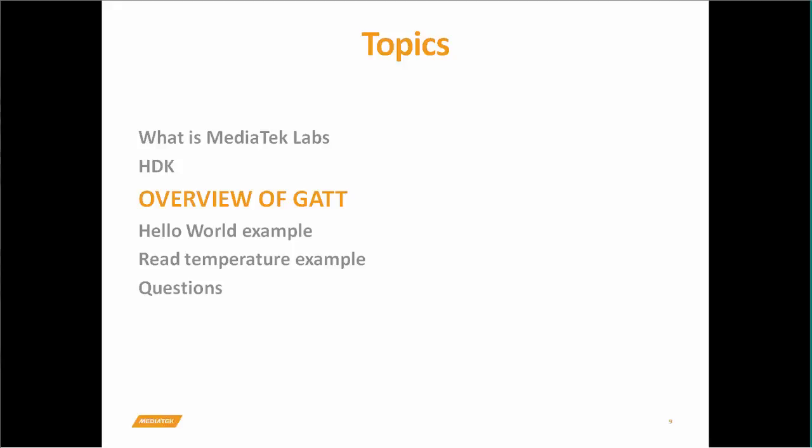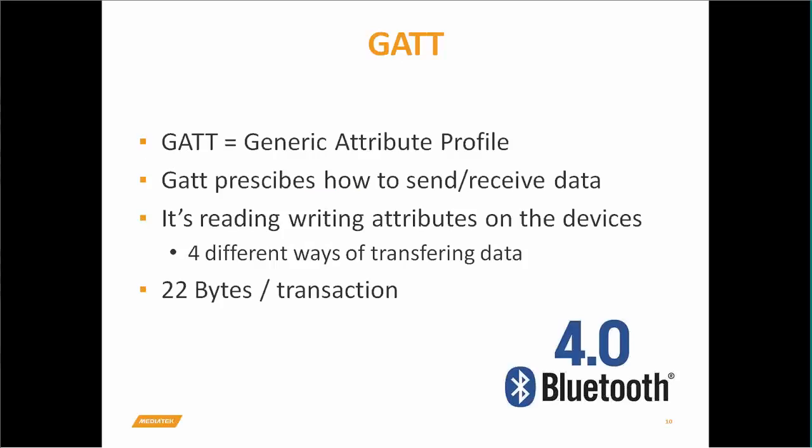But before we talk about the software, let's talk a bit about GATT. GATT means generic attribute profile. It basically handles the data transfer between 2 Bluetooth low energy devices. It's based on attributes, so in very basic terms you read and write attributes from a device. And there are 4 different ways of transferring data, which I will describe later on.